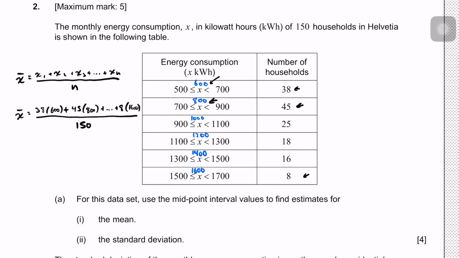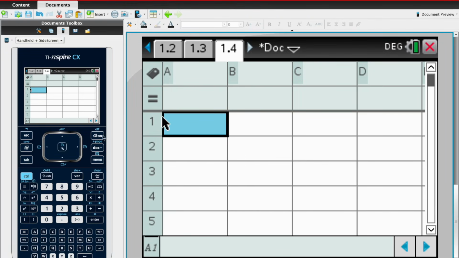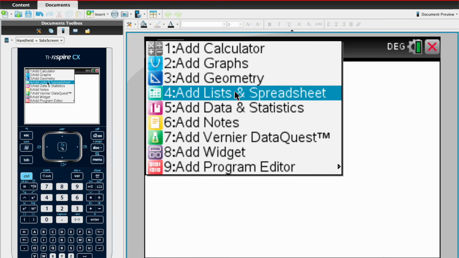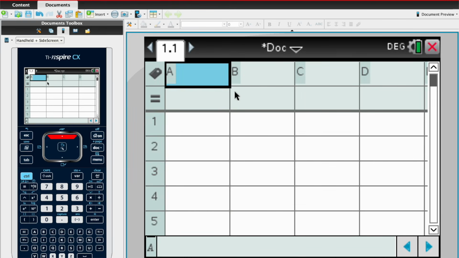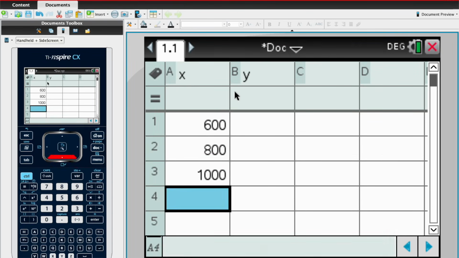So let's go to the calculator and see what that looks like. I'm going to get a new screen here. Lists and spreadsheets, we'll set up X and Y, just by convention. For here, we'll put the energy consumption values, these midpoints, so for example 600, 800, 1000, and so on.